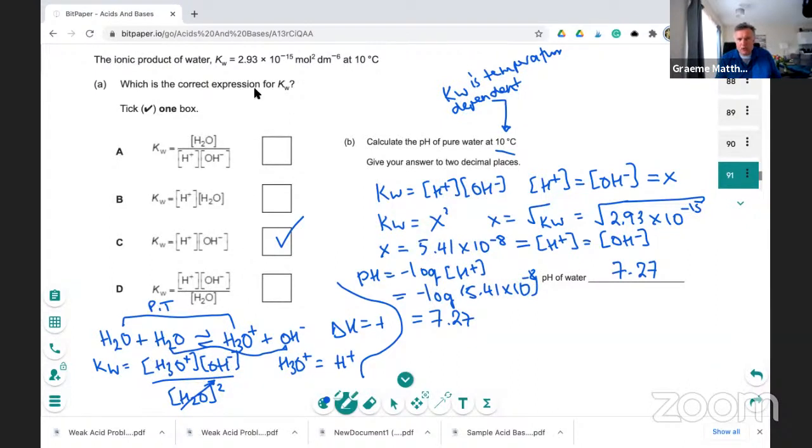The first one, question one, I picked the one where Kw was not at room temperature. Then calculate the pH of pure water, because again, this is the tripwire. They're going to try to get you not to use the correct value of Kw, because most students would write down 1 × 10⁻¹⁴.